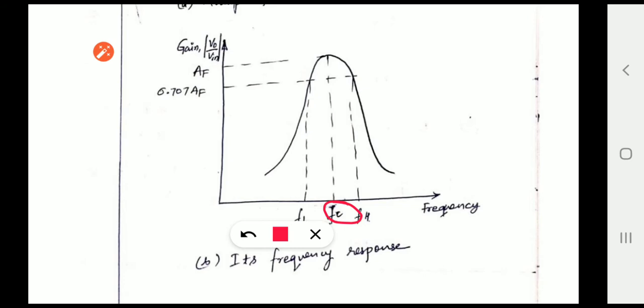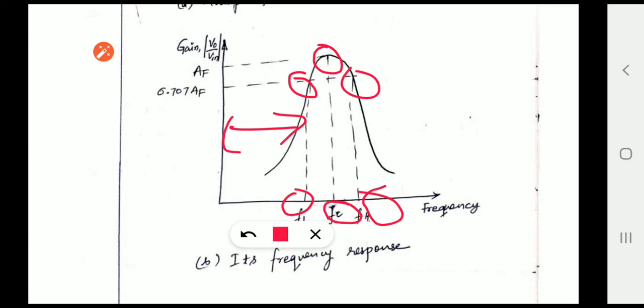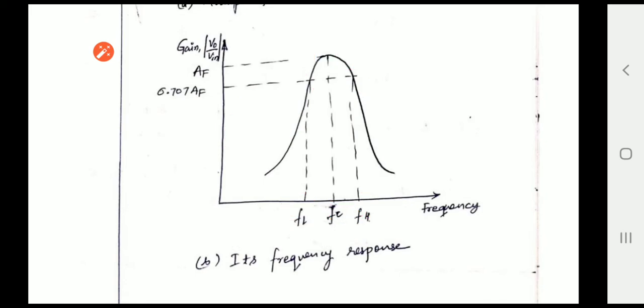As the input frequency closes in on the center frequency FC, it only allows those frequency components which are near to it, between FL and FH. The remaining frequency components are eliminated from the output. Thereby only this part of the output frequency components is transmitted at the output side, and the remaining components are eliminated.